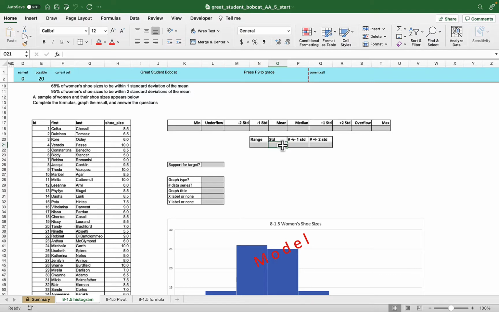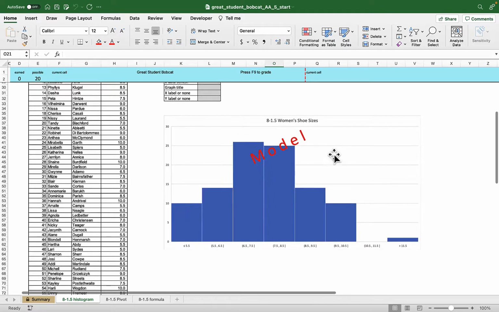Then calculate the mean minus 1 standard deviation and the mean plus 1 standard deviation. Then the mean plus 2 standard deviations and the mean minus 2 standard deviations. For the underflow and overflow values, you simply look at the chart.